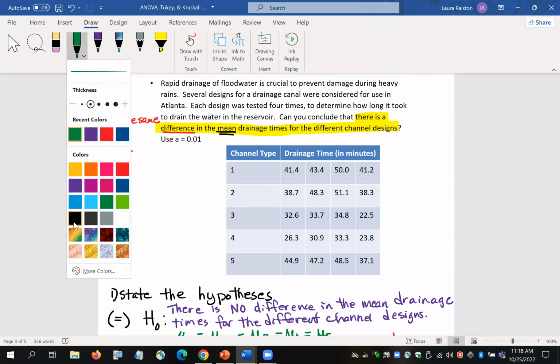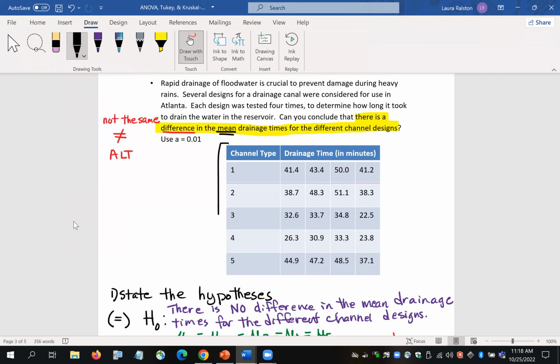Step 2 in the process is to identify the information that you need. And again, for analysis of variance, that information is typically presented in table form. Notice that this information runs horizontally, that the drainage times for channel 1 are on the first row, channel 2 are on the second row.